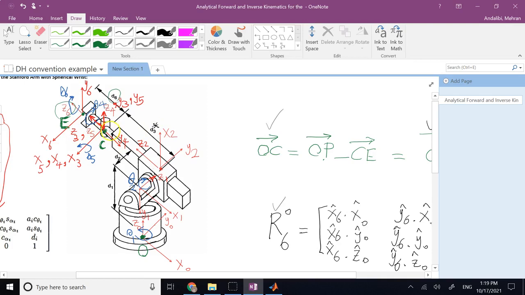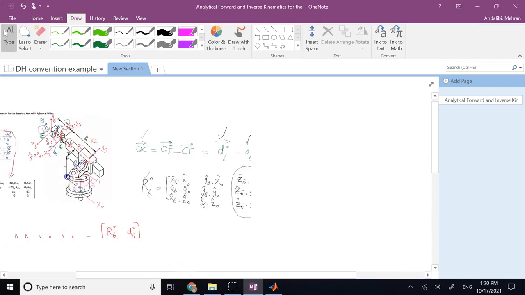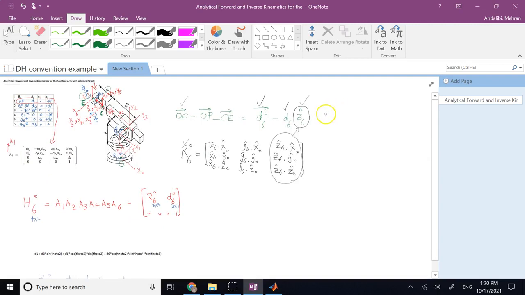Theta 4, this spin, is not going to change the position of the frame. It's going to change the orientation of frame 4, but not the position of the origin of it, C. And it's definitely not going to affect anything about 5 and 6. So this guy here, it is clearly a function of what? Theta 1, theta 2, and D3.